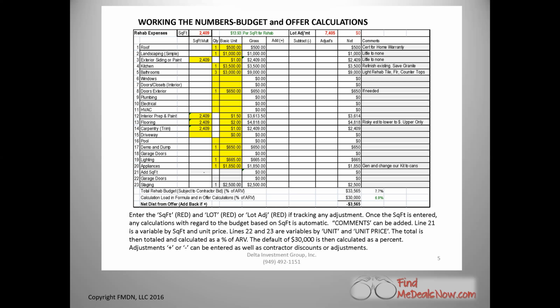I think that's groundbreaking, because as you get more sophisticated or comfortable with this, or as I mentioned, using number 72 or 75 for the percentage of rehab of the ARV, you'll be able to just plug in one bulk number and not even mess around with 23 or 24 line items of detail. You could put in just one bulk price. I can tell you that you'd probably be within 1 to 2% of your actual budget, unless there's something major that would have to be designated by your line items.